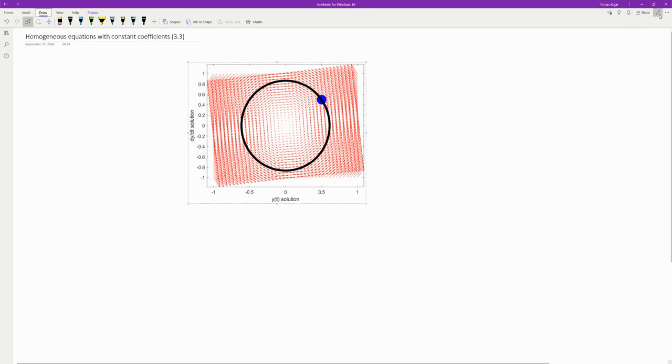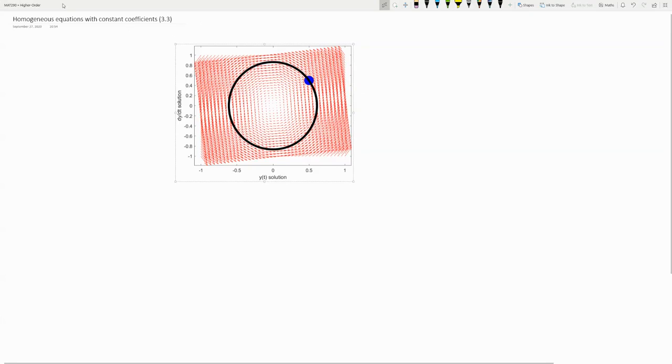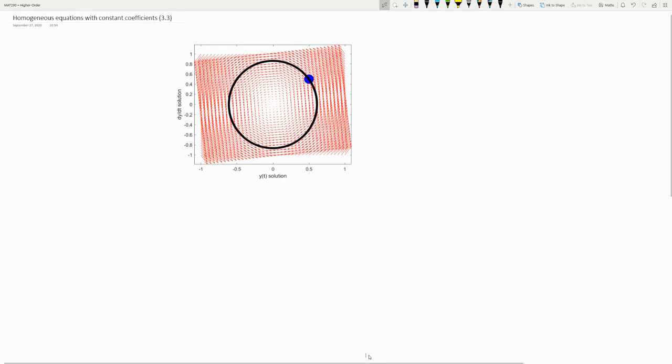Okay, so here we will solve homogeneous equations with constant coefficients.